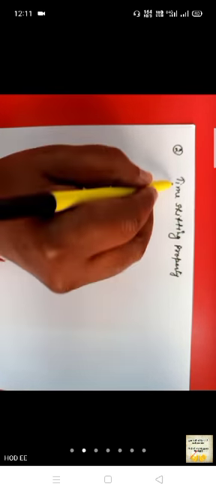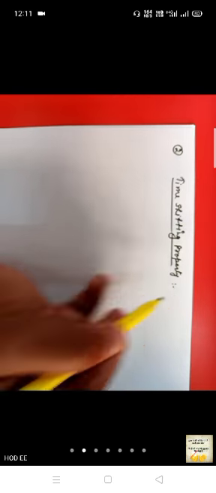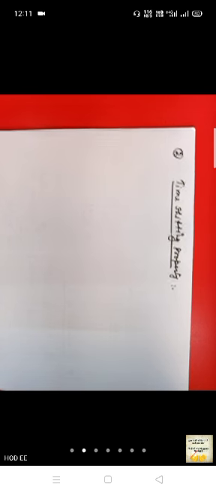As I have already told you what time shifting is, time shifting may be time delay or time advance. So there may be a time delayed signal or a time advanced signal.